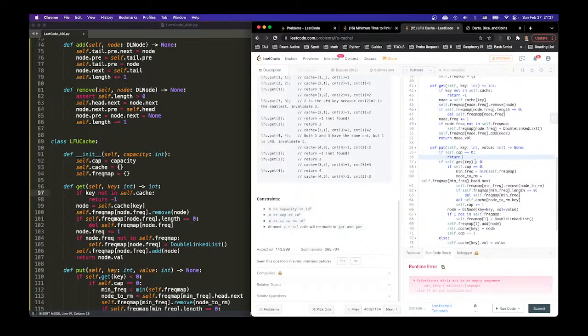Don't do anything. And this is if self.length is equal to self.cap, then we do blah blah blah, and then we don't do self.cap plus 1. This is self.length. If the length is equal, then I just don't change the length, there's no change. If that's equal, I remove it.